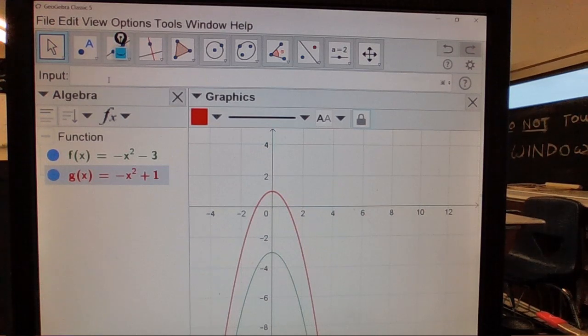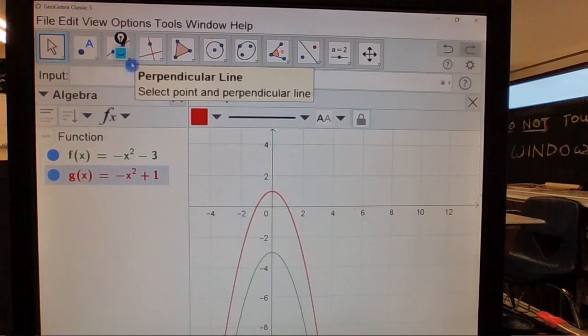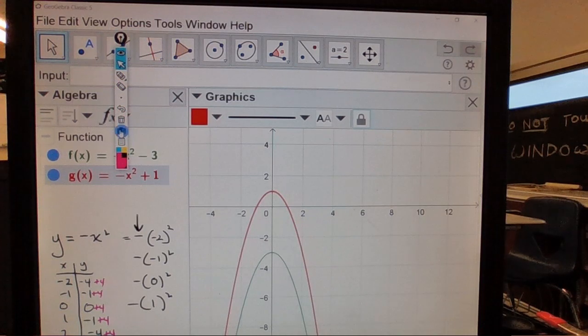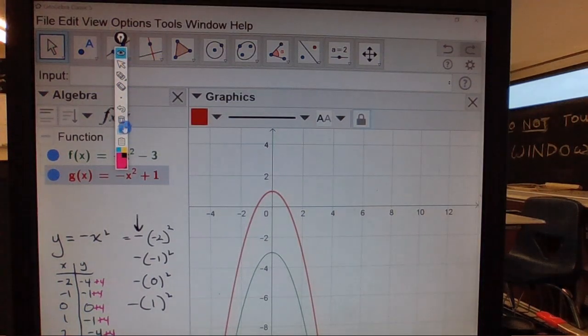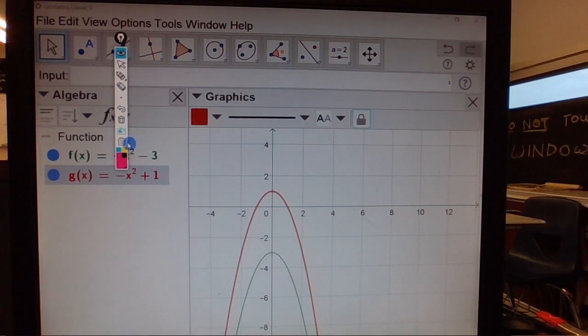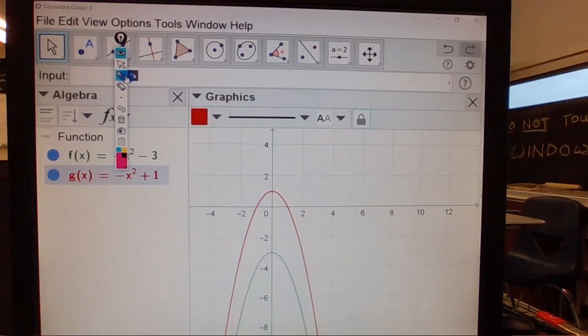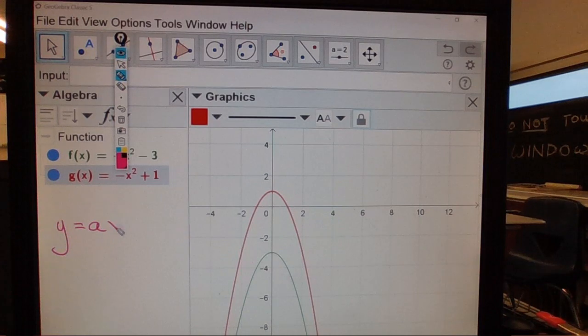Okay. All of these are of the form y equals ax squared plus c. Now we haven't dealt with that a too much.